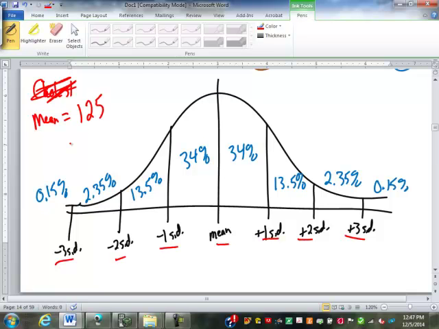I'm going to keep it a nice round number. And there's a standard deviation of 25. Actually, let's make it 30. Okay.